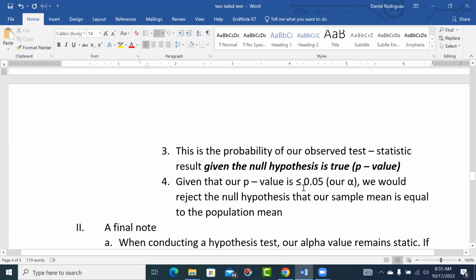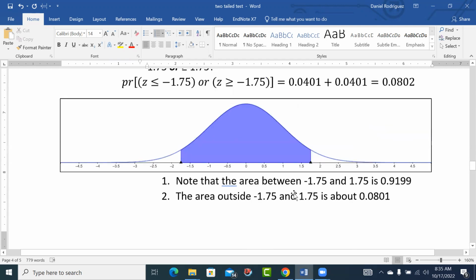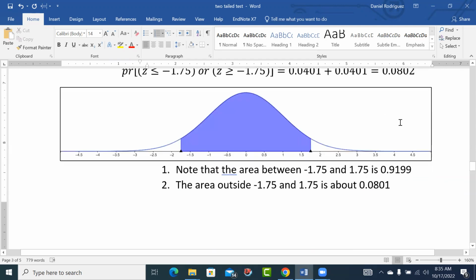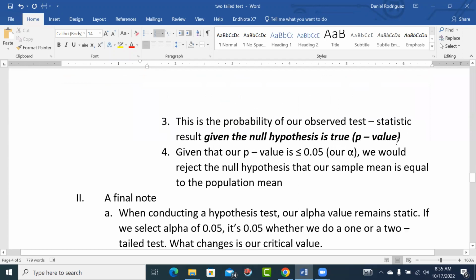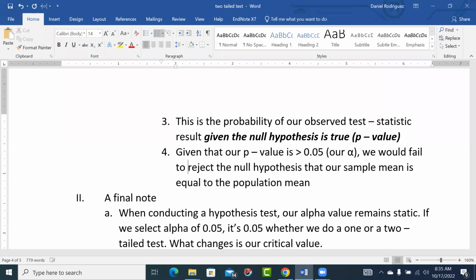Now, by the way, look at this probability here. It's 0.0802. Given that our probability value is now greater than 0.05, we would fail to reject the null hypothesis that our sample mean is equal to our population mean.